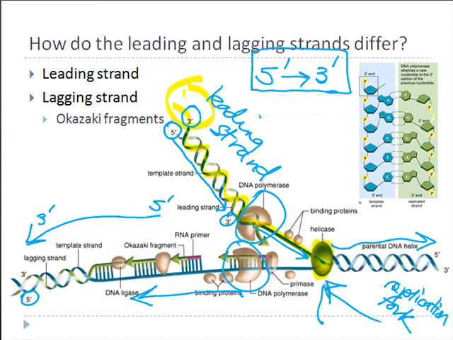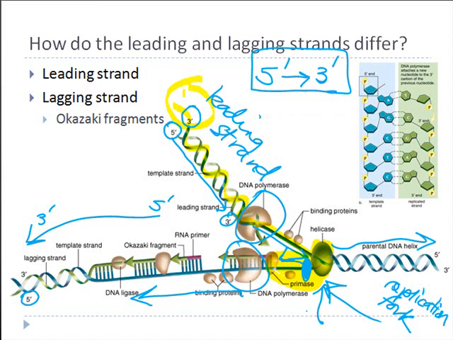Meanwhile, helicase continues to unwind, and then we have a big old space here where there is no DNA polymerase attaching, and thus no copying of this DNA going on. So what happens is every once in a while, as helicase unwinds a bit more DNA, a new molecule of DNA polymerase pops in and begins to replicate DNA on the lagging strand.